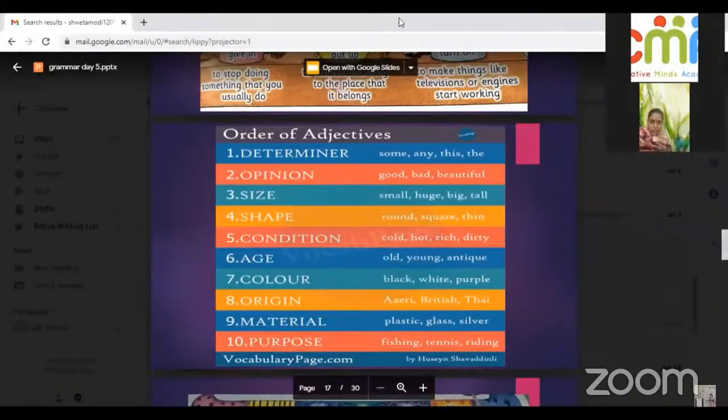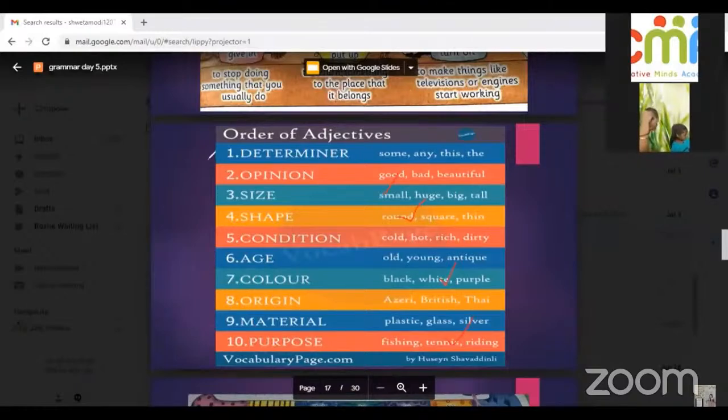So the sequence you should know that first I have to put small, round, white, tennis ball. You cannot say tennis, white, round, small ball, or you cannot say white, round, small tennis.